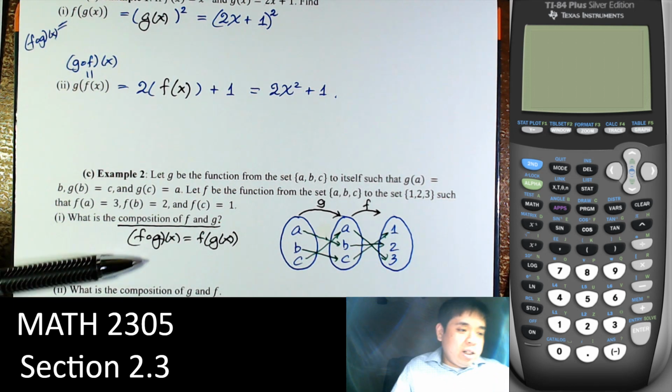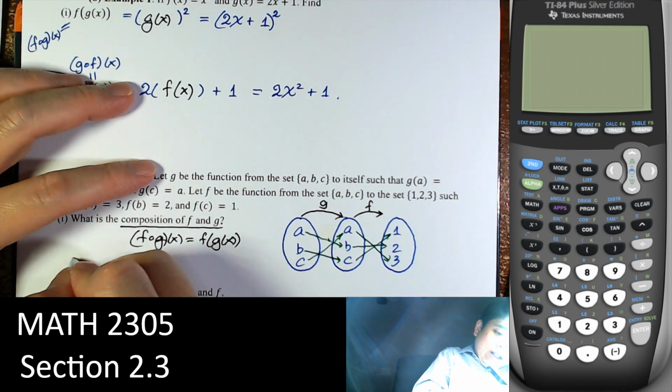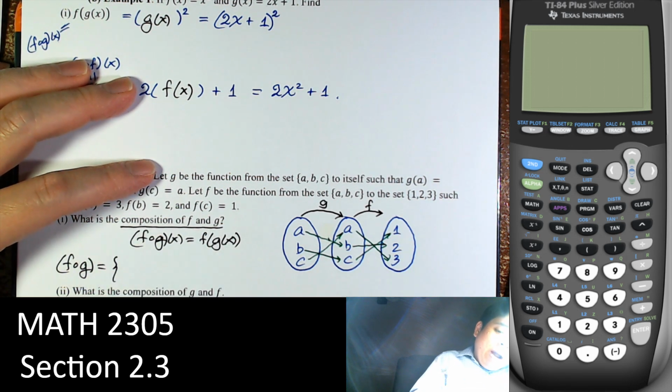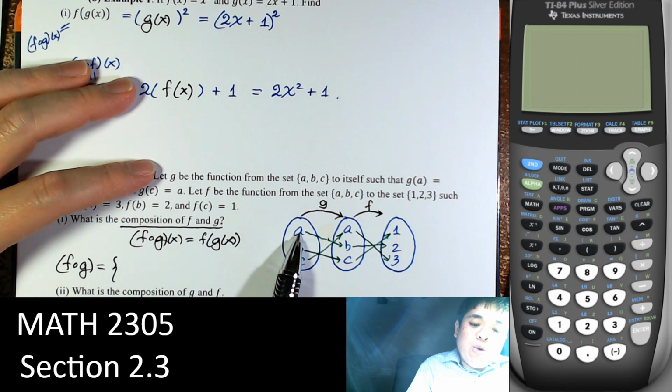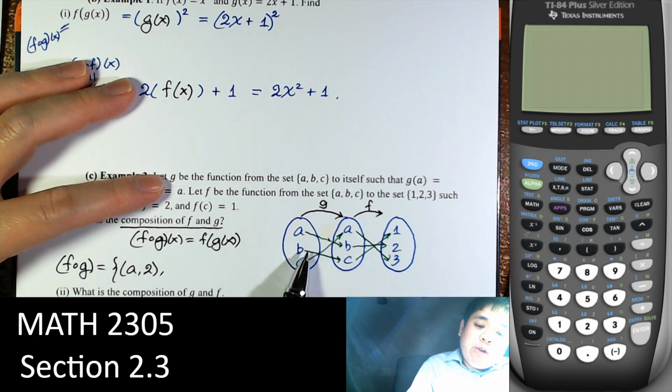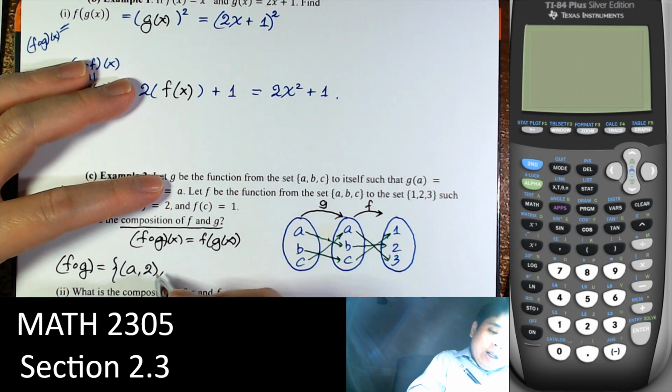So when we write the combination f of g, we will write the ordered pairs this way. If we start from a, it will go to b and then to 2. So we have a and 2, like an ordered pair. And then if we start from b, it will go to c and to 1. So b and 1.